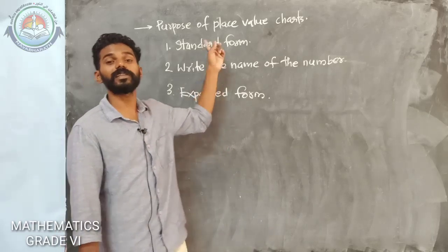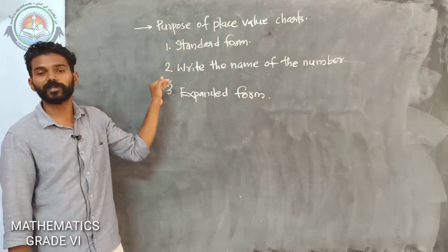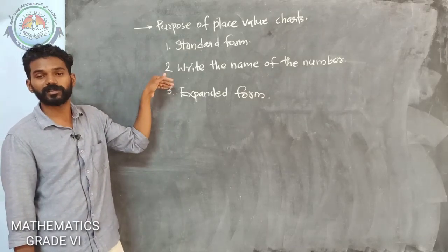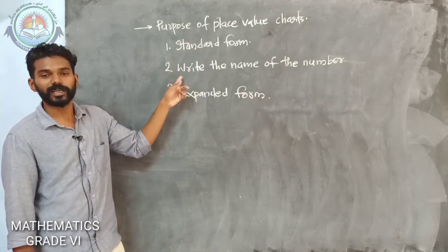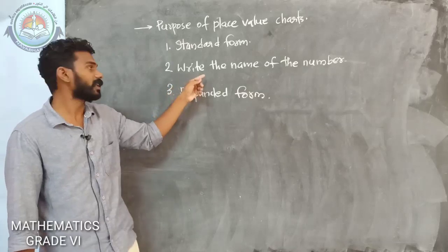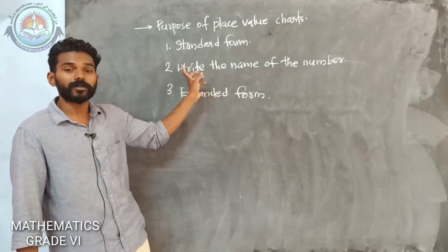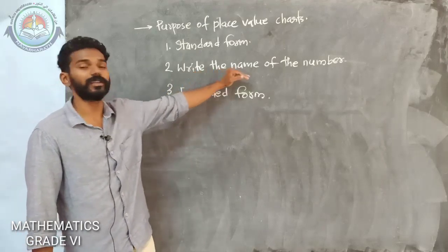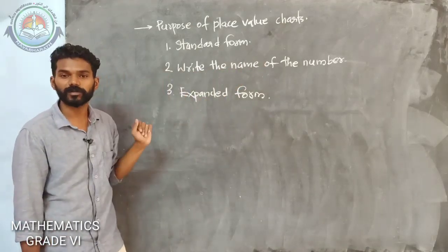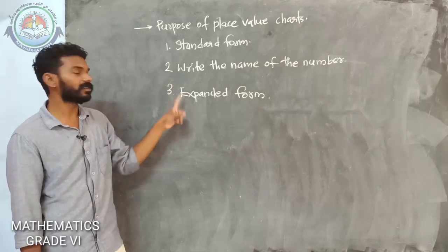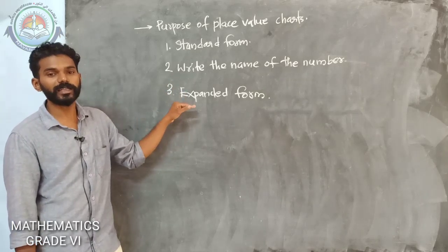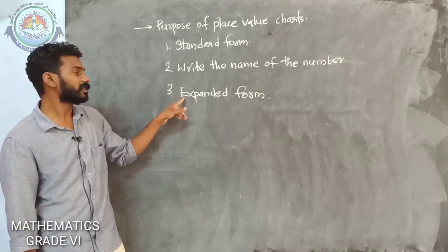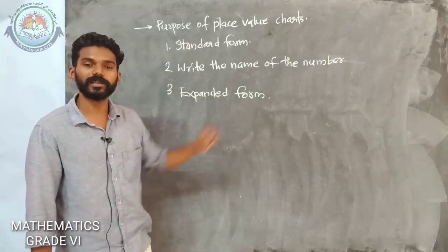Now, which is the next form by which a number can be expressed? We can write a number by giving it a name. We can write the name of a number. And what is the third method? We can represent the number in its expanded form.